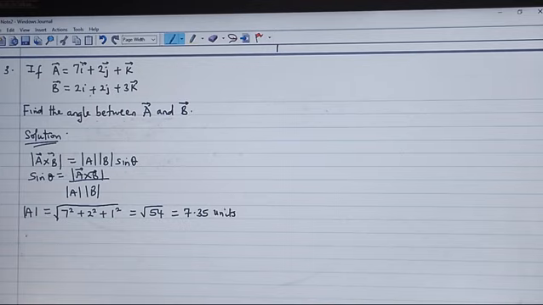Then that of B is equal to 2 squared plus 2 squared plus 3 squared, which is equal to the square root of 4 plus 4 plus 9. That gives us 4.12 units.